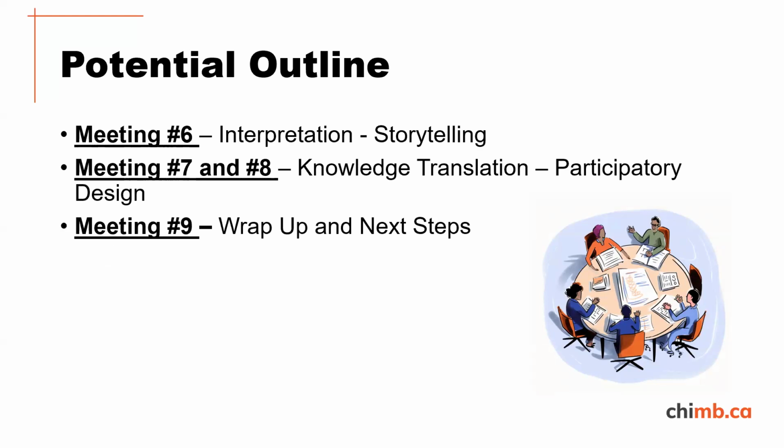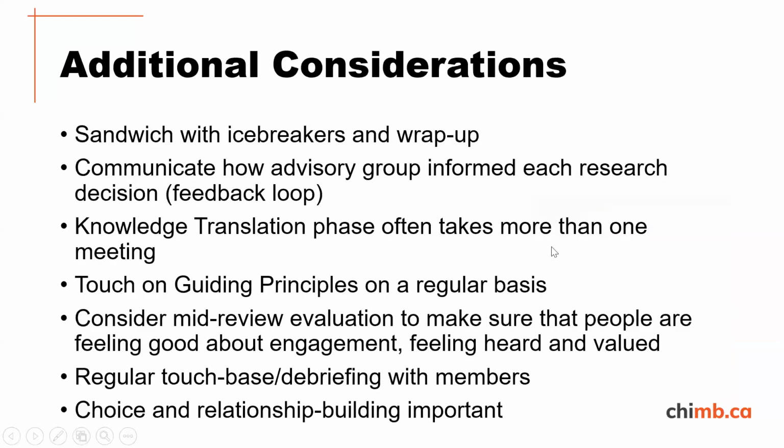Meetings 7 and 8, I always say two meetings for knowledge translation, and we've learned this over time, because in the first one you're thinking about what that will look like, and typically in the second meeting you're going to get a protocol or an example of what's come out of the first meeting that you can review. And then meeting 9, wrap up and next steps. You can have a party, celebrate your work, or start thinking about the next grant that you're going to apply to.